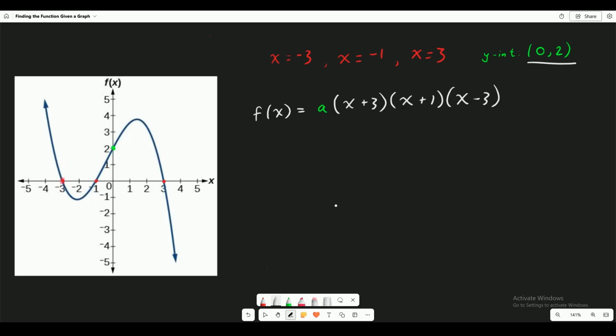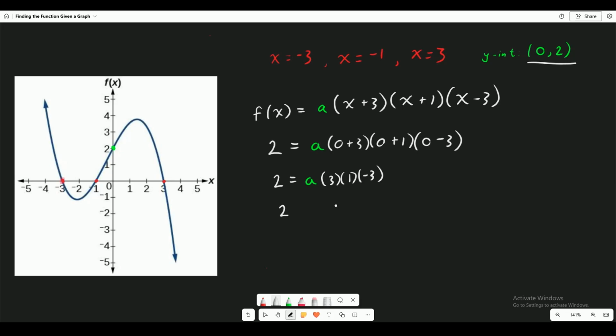So when x is 0, y is 2. So we have 2 is equal to some number a times 0 plus 3 times 0 plus 1 times 0 minus 3. Just like that. And let's reduce this further. So 2 is equal to some number a times 3 times 1 times negative 3.